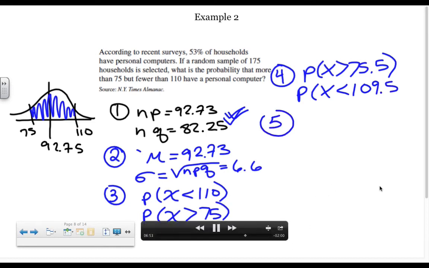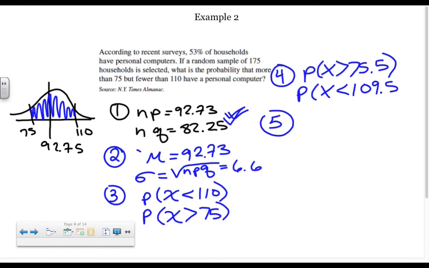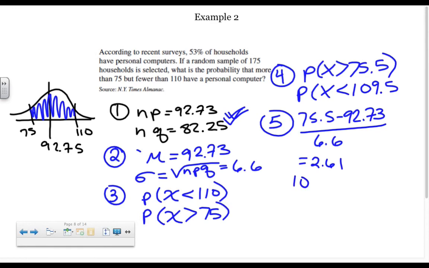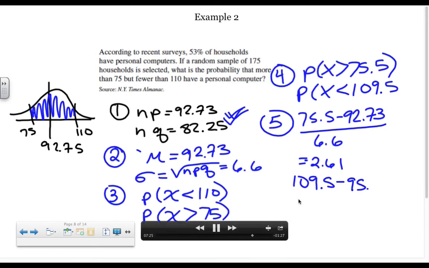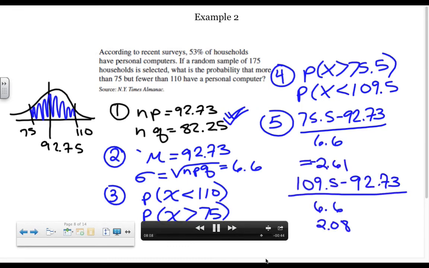So we're going to have 75.5 minus 92.75 divided by 6.6. That's going to equal negative 2.61. And then 109.5 minus 92.75 divided by 6.6. That's going to get us 2.08.